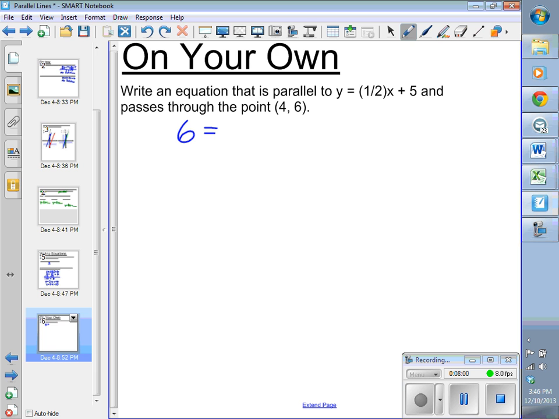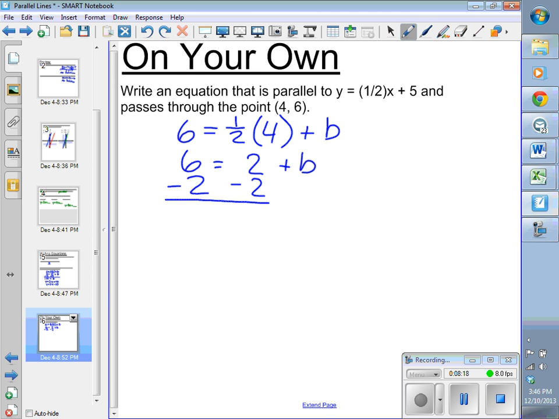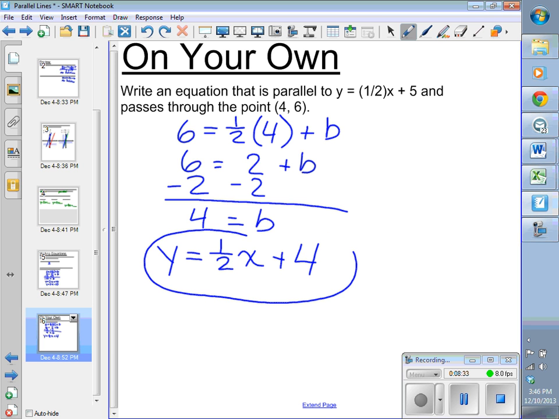You're coming back to check your work. 6 equals 1/2 of 4 plus b. Half of 4 is 2. We subtract 2 from both sides, leaving us with 4 equals b. So our equation for our new line should be y equals 1/2 x plus 4. So that should be it.